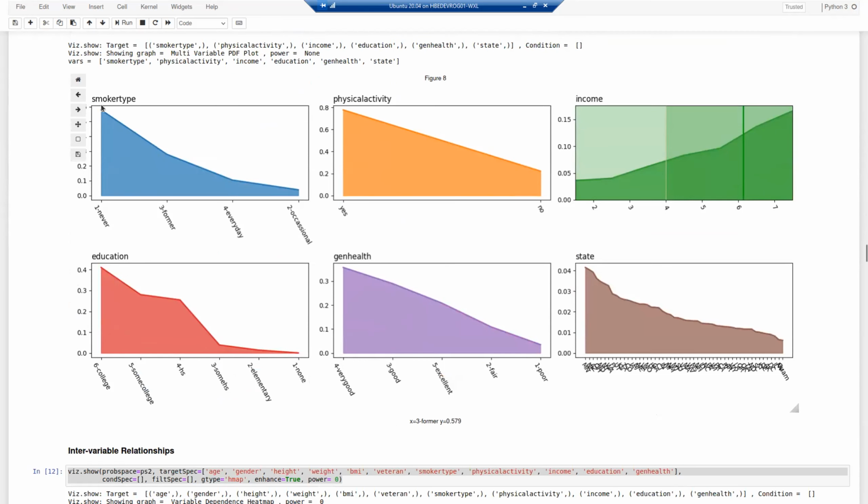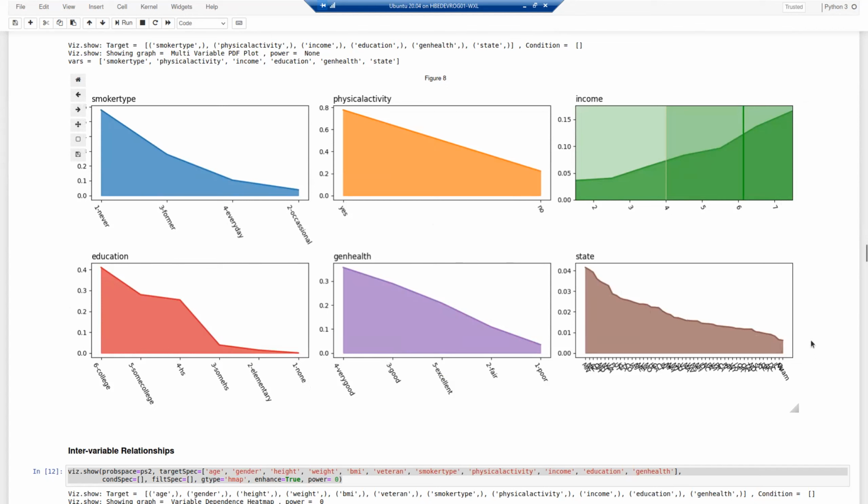There's information about smoker types: never, former, everyday, or occasional. Physical activity, income. Income happens to be bucketed into 7 categories. Education, from college to none. General health, from very good to poor. And the state of residence.